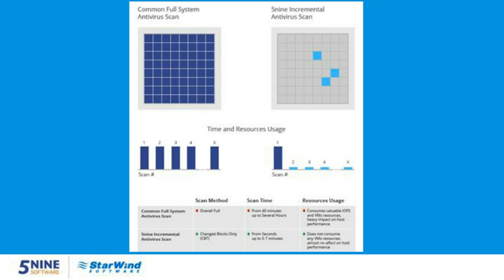All of these are equal, so you have to spend all of that time on full system antivirus scans. When you use change block tracking, you just do a full initial antivirus scan once, and every subsequent scan becomes incremental. You scan only changed blocks, and you can clearly see that there are just a few of them to be scanned compared to full system scanning.